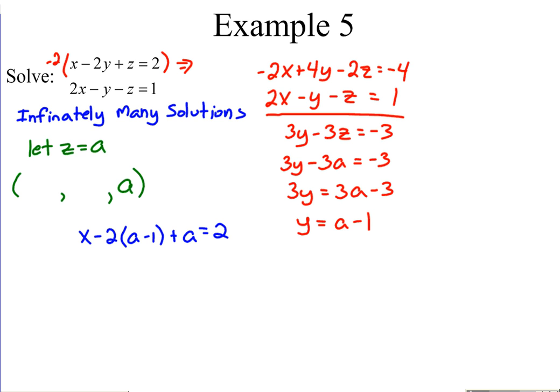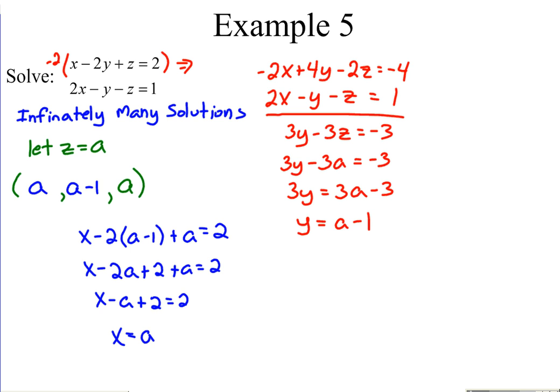Solve for x now in terms of a. Distribute that negative 2. Add like terms. Move everything to the other side away from the x, and we get x is equal to a. So we have the ordered triple a, a minus 1, and a. There's our solution to that system.